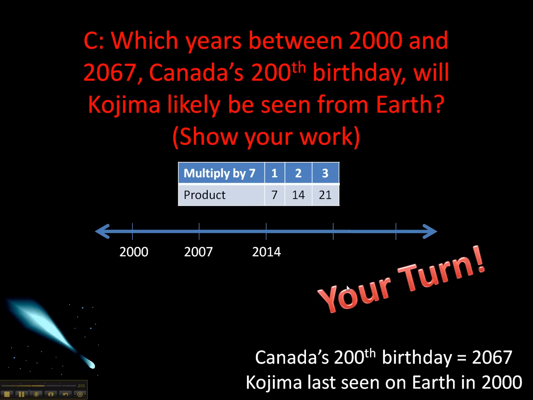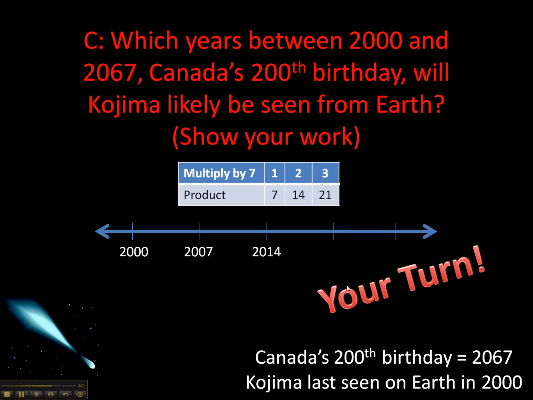All right, in question C, what I'd like you to do is figure out what all the years between 2000 and 2067, Canada's 200th birthday, will Kojima likely be seen from Earth. You need to show your work, and you know I'm not coming to your house to check your work tonight, but I would like you to get into the habit of showing your work, because when you do a test, if I can see that you started off in the right way, that means that you at least know how to solve the problem. I can usually give you half marks for what you put in.